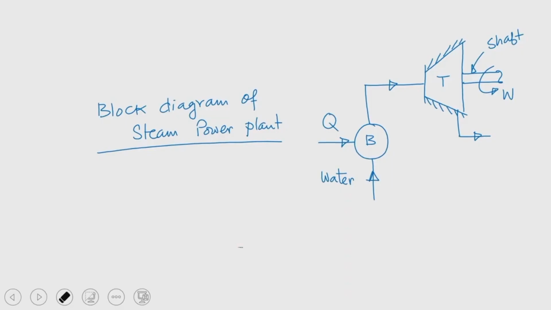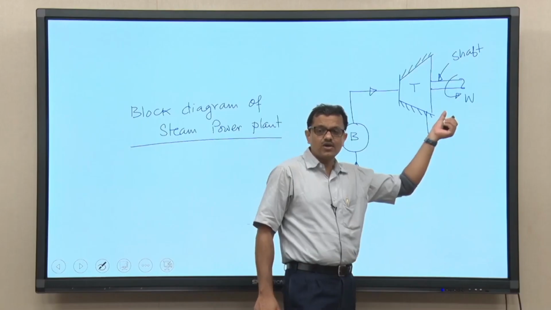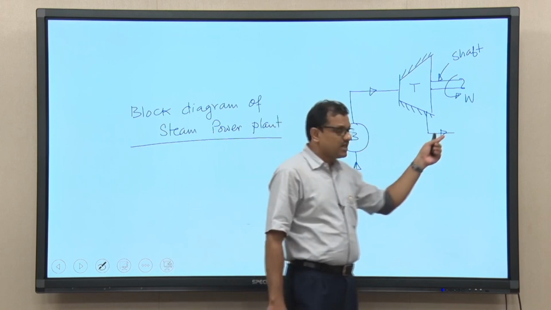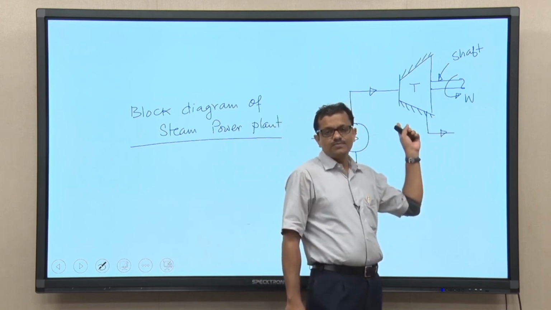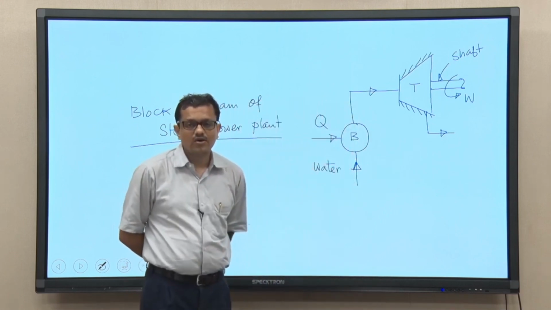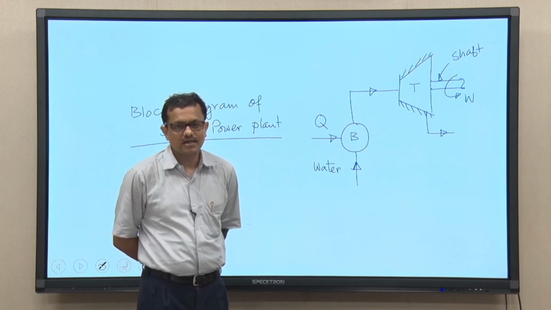Try to understand what I am telling. If it is a once-through case, we are supplying water, we are getting work output for a particular duration, and then after doing some work, steam is ejected to the surroundings. If it is that case, then this is fine. But if you would like to ensure that the work output will be continuous, then the second law puts a restriction that this is not possible while exchanging heat with a single thermal reservoir.